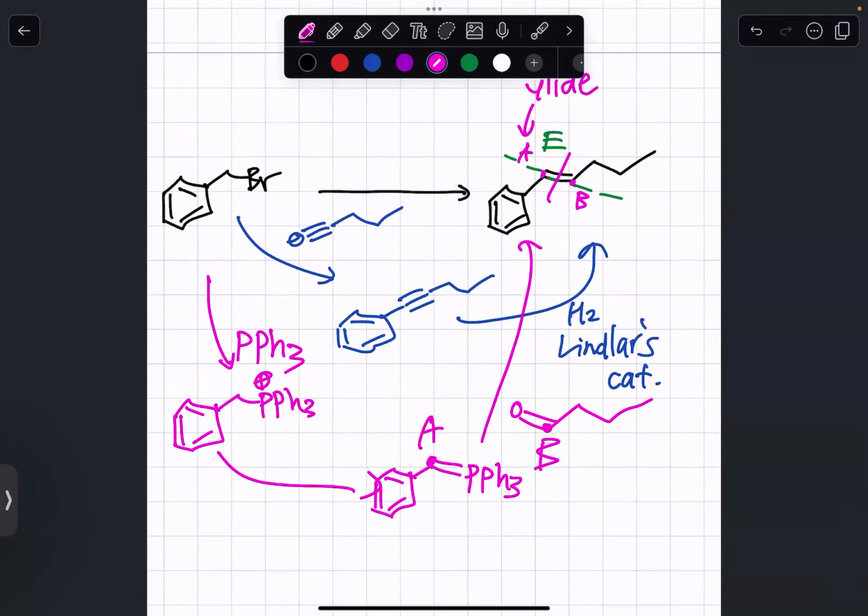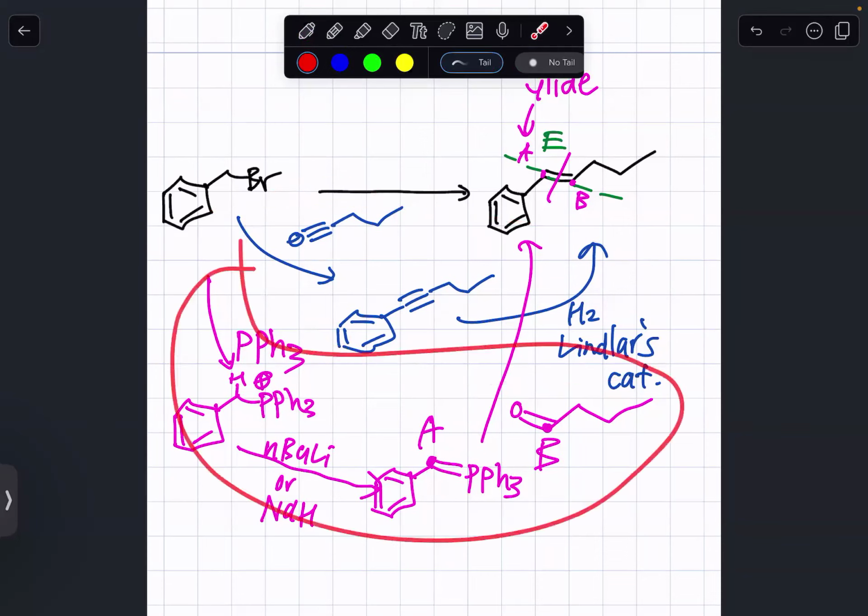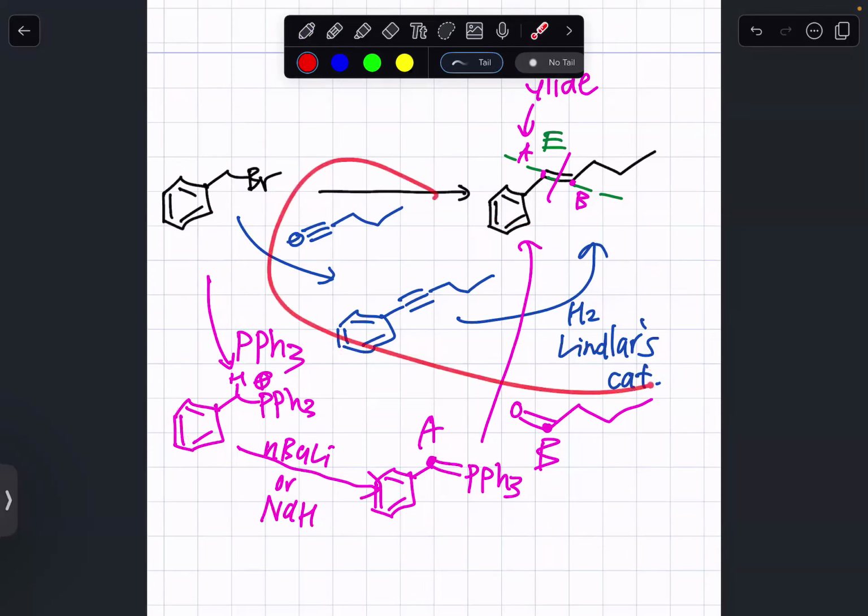And then to create this double bond, we do some kind of strong base like N-butyllithium or NaH, which will deprotonate that hydrogen and make a double bond there to create the ylide. So your way was probably the easier way to do this synthesis, but I wanted to use a Wittig reaction for synthesis, though you could have done it this way.